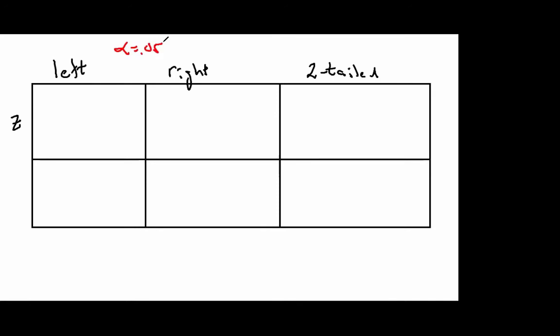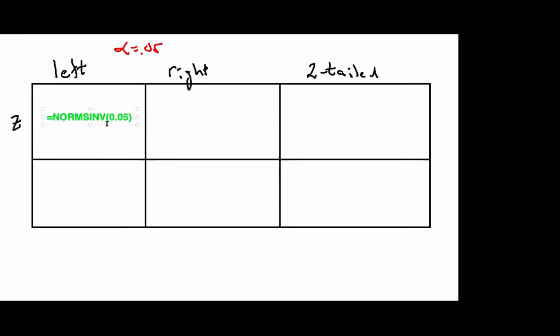The first function we would want here, let's make these green, is equals NORM.S.INV of alpha, I'll just put in 0.05. That is the function we would use to get the z-score for the left one-tailed test.